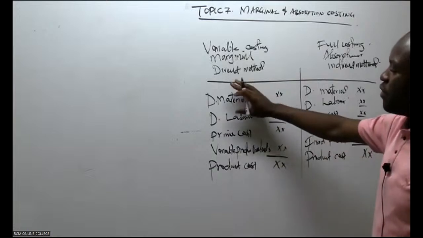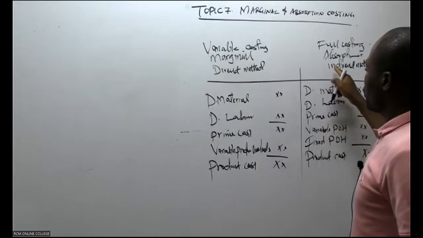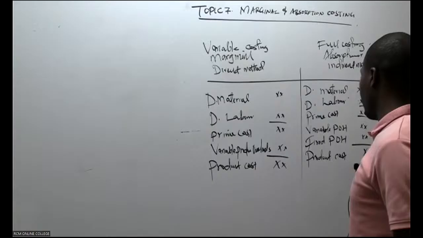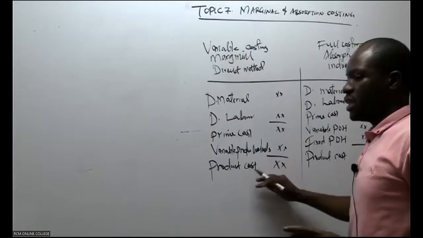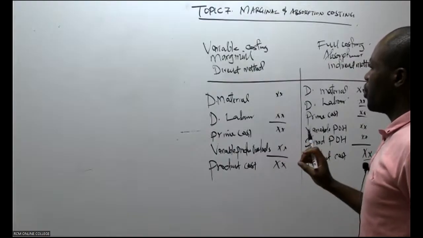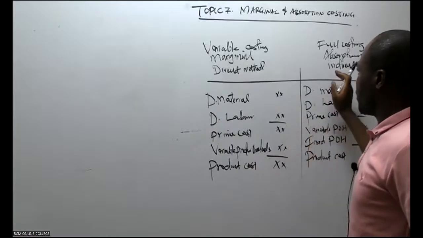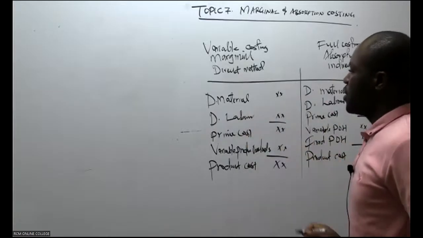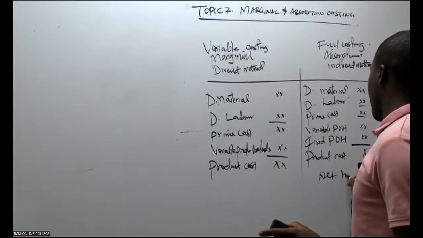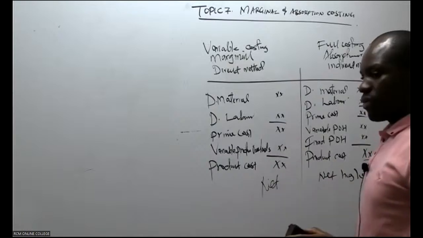From the formula you've just seen, under the full costing method we include the fixed cost as part of the product cost. So automatically this cost will be higher than the marginal one. When the production cost is higher on the full costing method, net profit there will be higher as compared to the net profit on the other side.